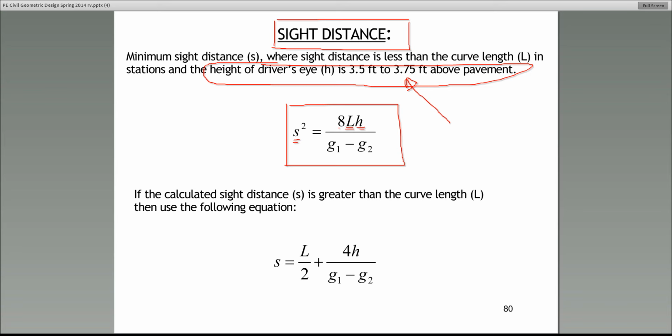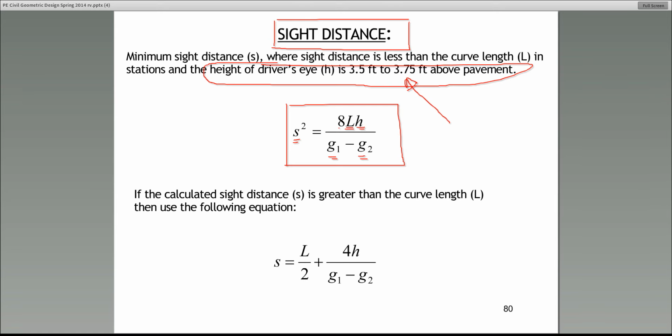In fact, whatever vehicle you drive, you can measure that for your case. When you're doing it, make sure nobody is around seeing you do that. But you can actually measure that. And then in the denominator, basically, G1 and G2 are the same thing we've been talking about before.